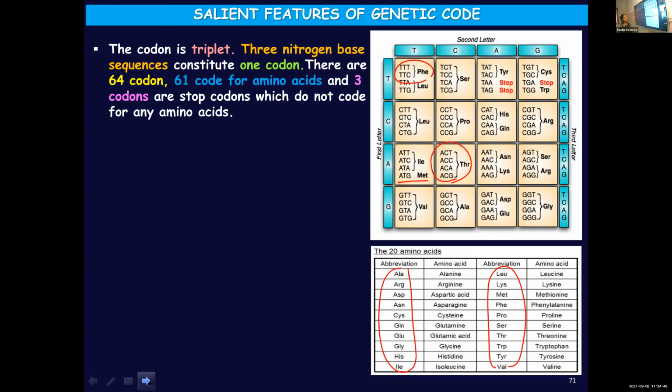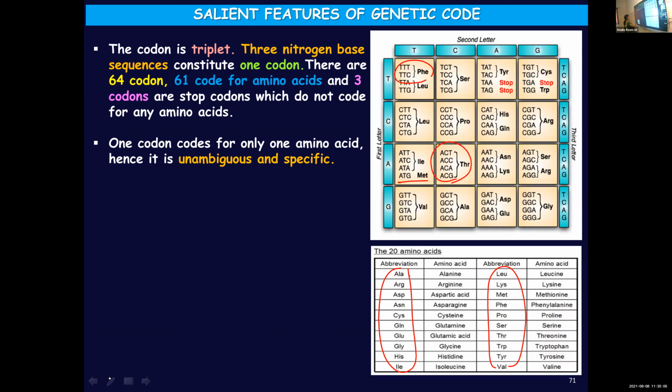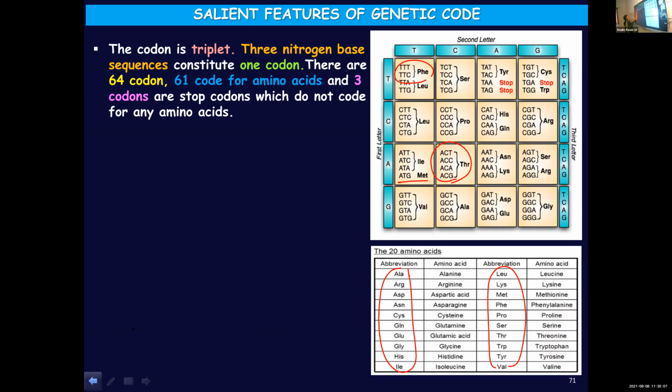The codon is a triplet, which means it has 3 nitrogen bases. A sequence of 3 nitrogen bases constitutes 1 codon. There are 64 codons. 61 code for amino acids, and 3 of them are called stop codons.